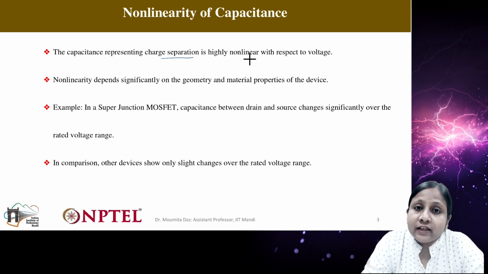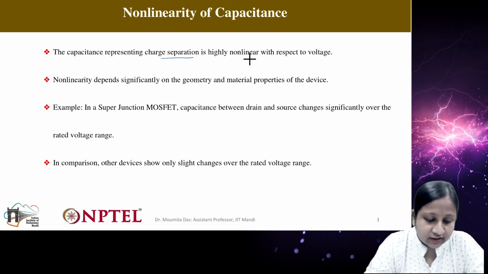Additionally, if the rating of the device changes, so one device is rated for 100 volts and another device is rated for 900 volts, then these capacitance values and their characteristics with respect to different voltage levels will change. So this gives us non-linear characteristics.